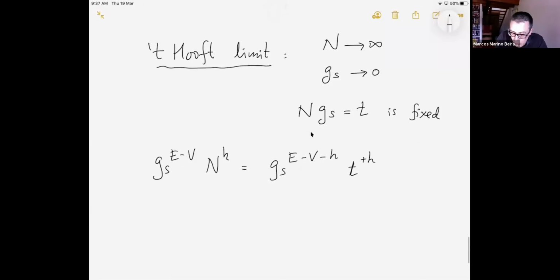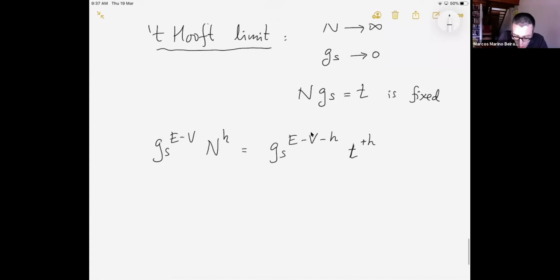And why is this interesting? Well, because I can look at these diagrams and think about them as Riemann surfaces with holes.